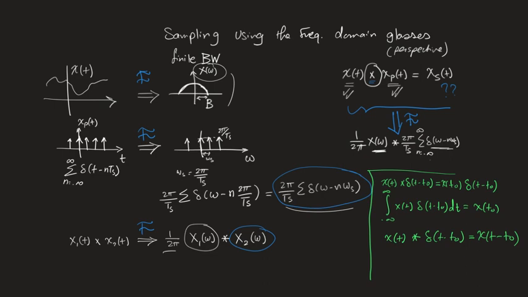So that's what we have here. We have a shifted delta convolved with X of omega, and the rest are constants, and the summation can be outside.